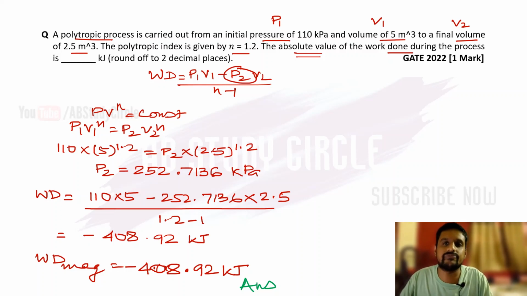It will be very easy. You can see it from this question itself. It's a 1 mark question, a very simple question, and it has been asked in GATE. If you have correctly answered this question in your examination, you can fetch 1 mark, and yes, 1 mark matters.